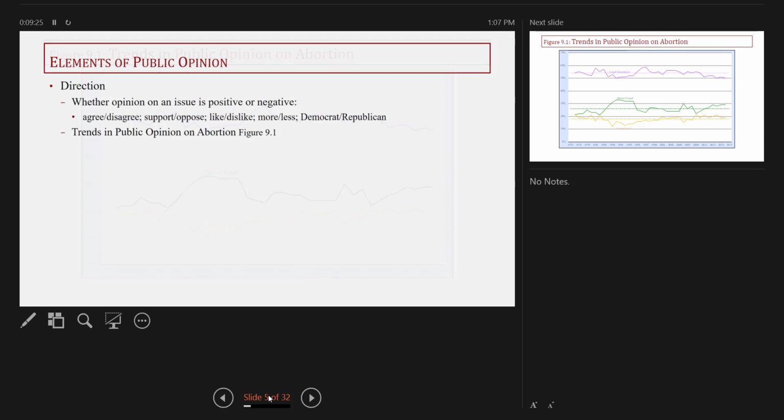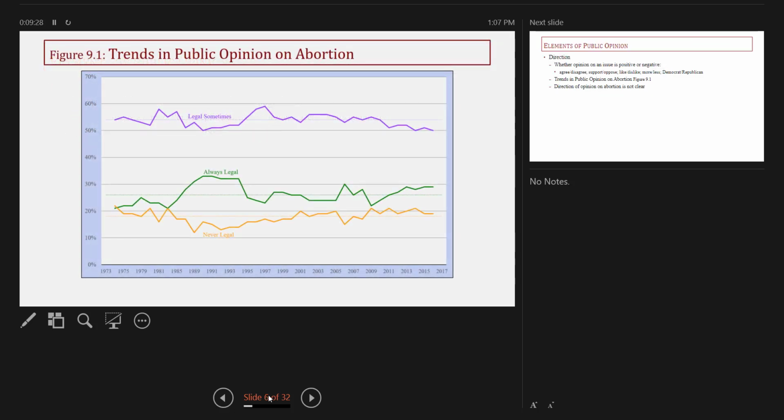Let's look at these trends in public opinion on abortion. This chart is from the Gallup polls, and Gallup has been doing multiple polls every year asking Americans about their opinions on abortion since 1974.